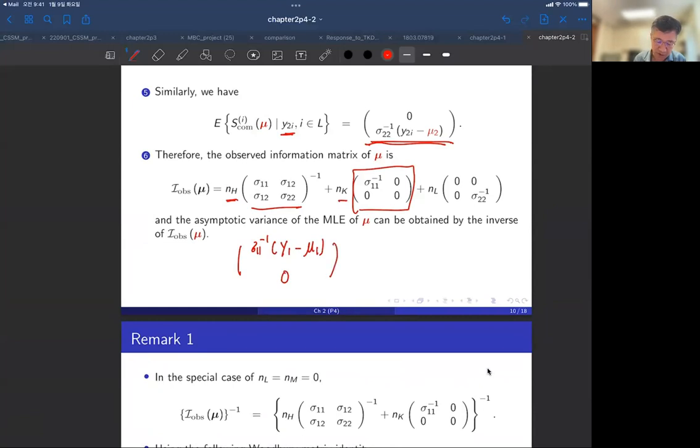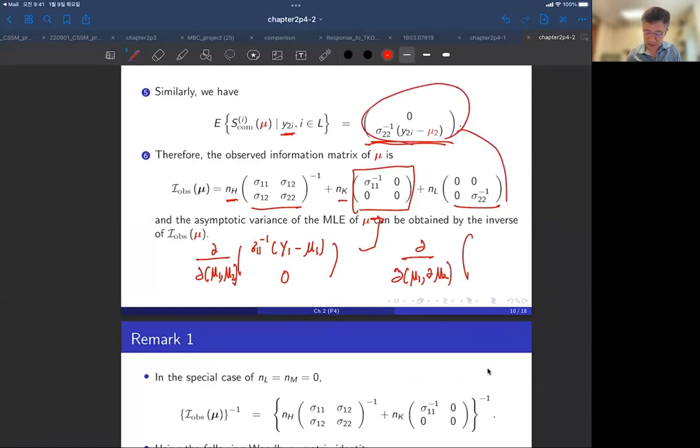That is your score function, and then you want to compute the partial derivative with respect to mu1 and mu2. So that is this. Same story, this will be the same thing as this, and then that is this one.